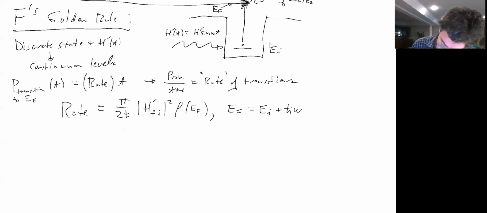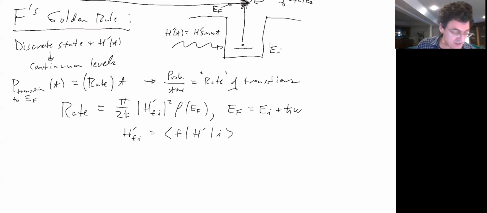And this matrix element connecting the initial and final states is this. It's just sort of what you would expect, the matrix element that connects the initial and final states.